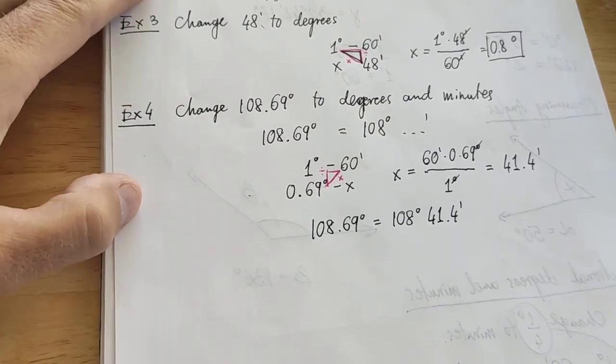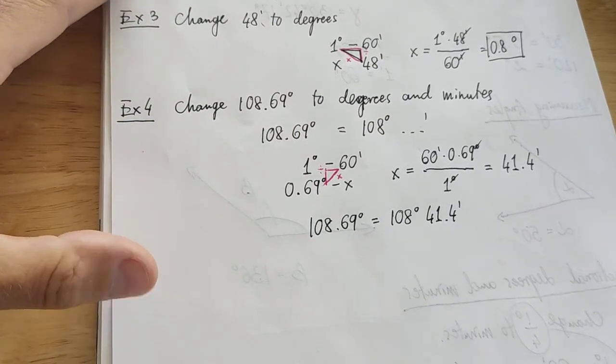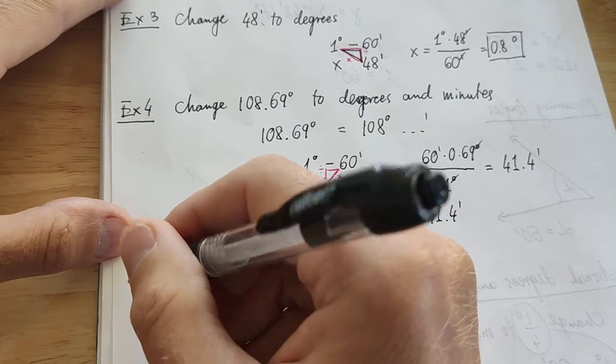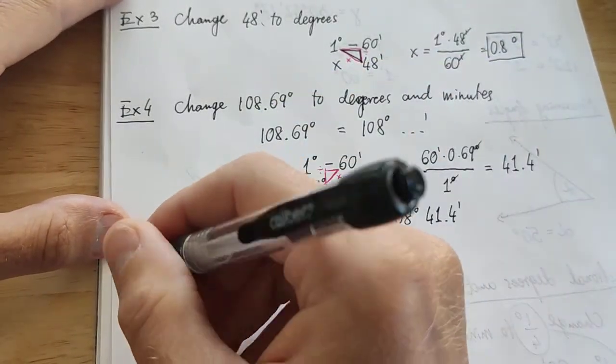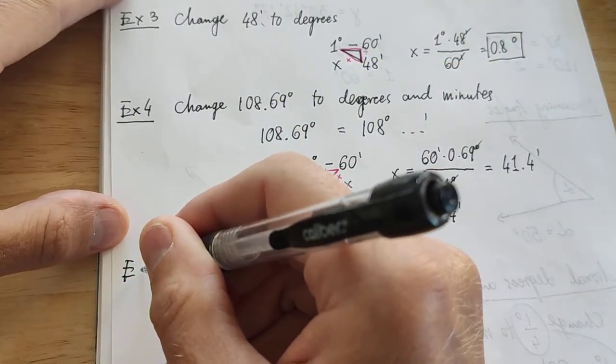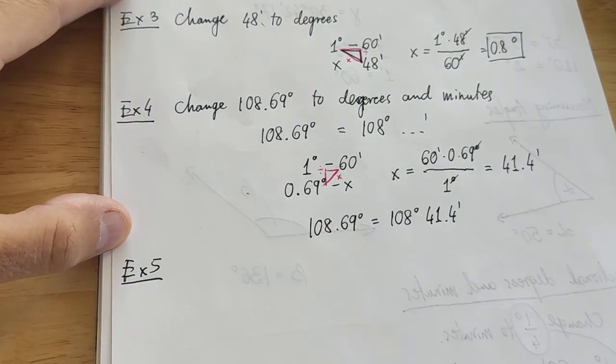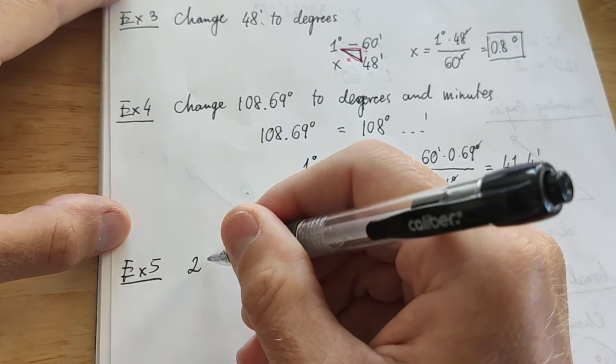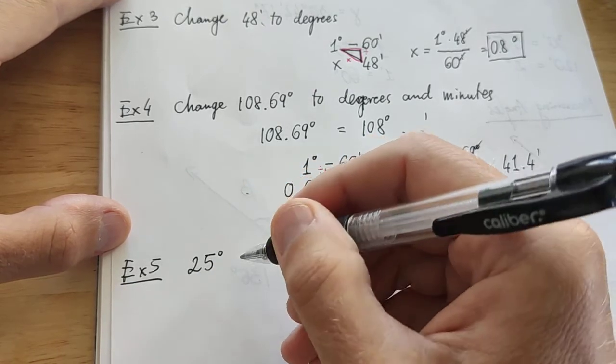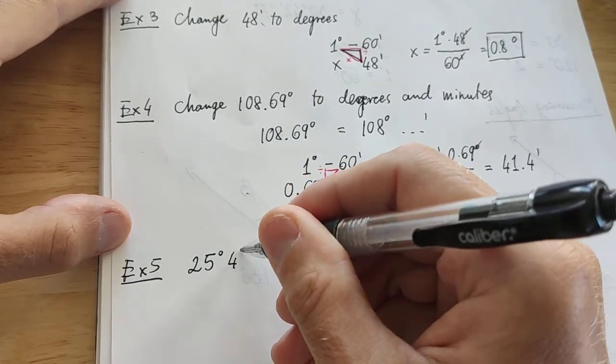Okay, so this is a more typical problem of conversion, right, between a portion of a degree to minutes. So let's go the other way. Let's look at another problem. So this time I have 25 degrees and 47 minutes.